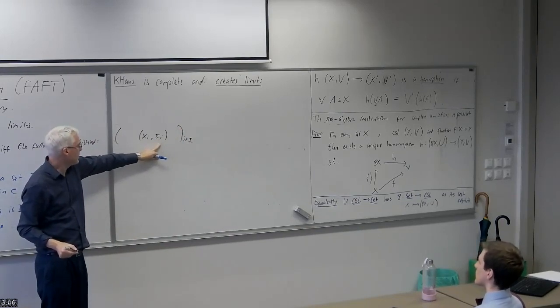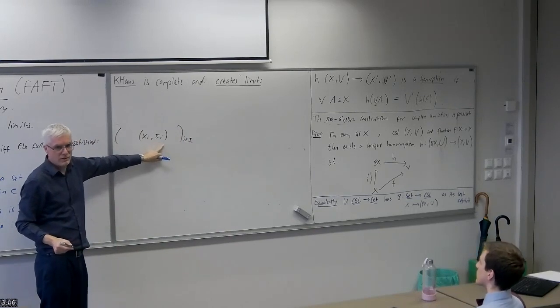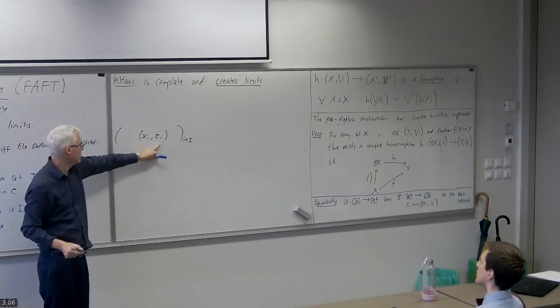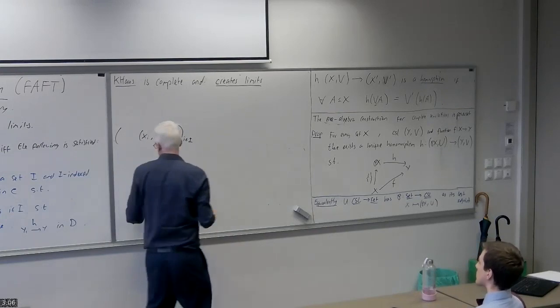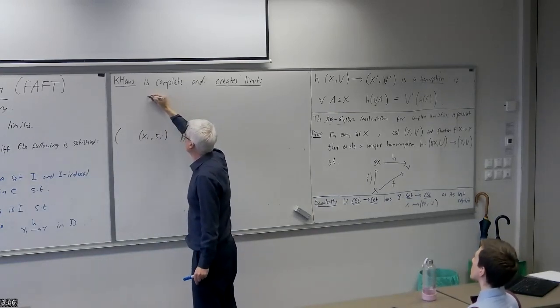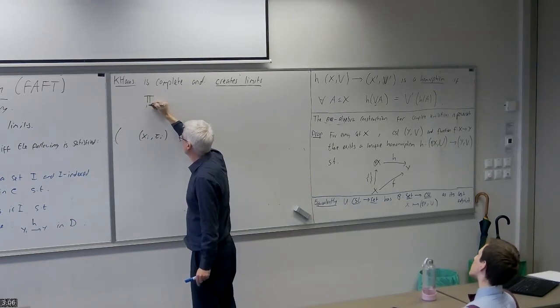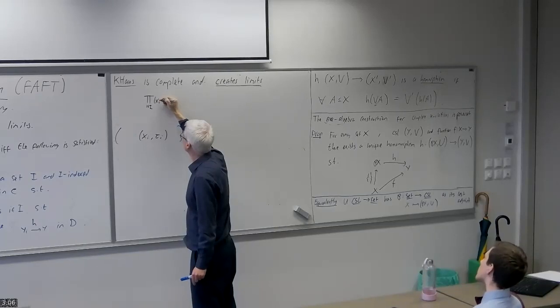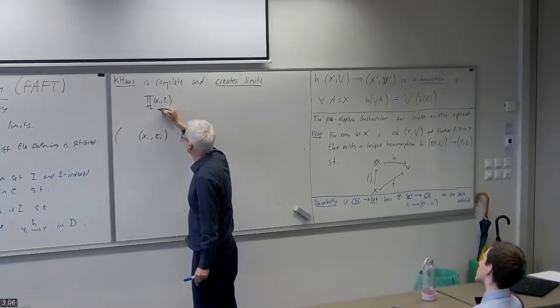And we want to find a product of this family of compact Hausdorff spaces. Okay, so that's not difficult because we have the topological product. And then we've got the projection functions down here.